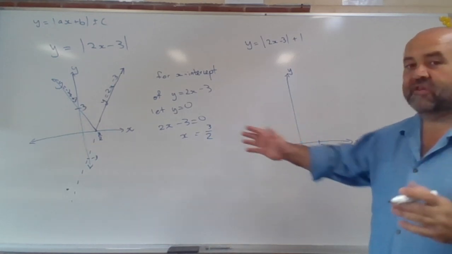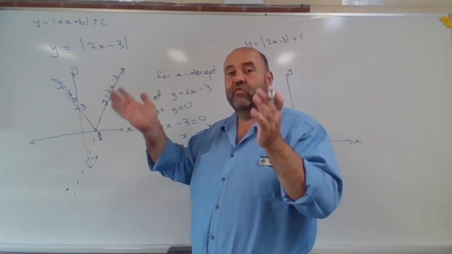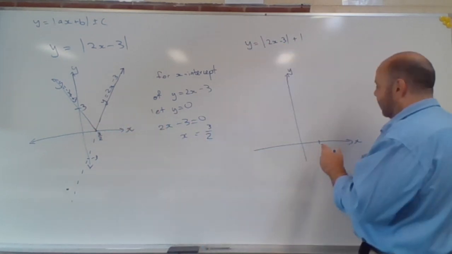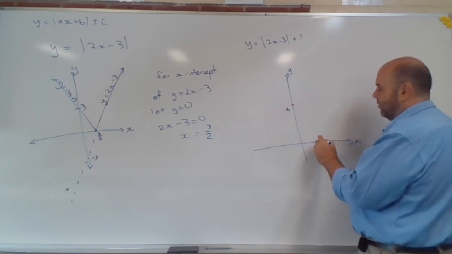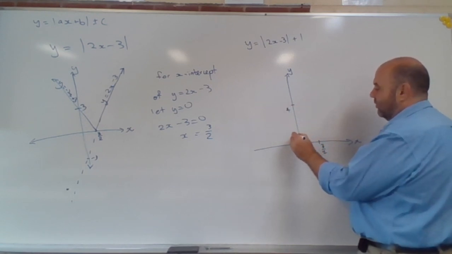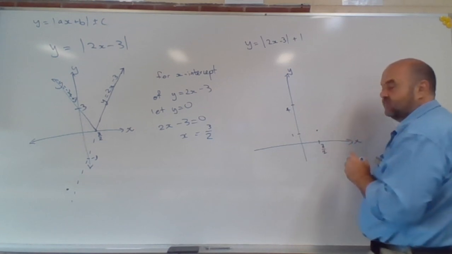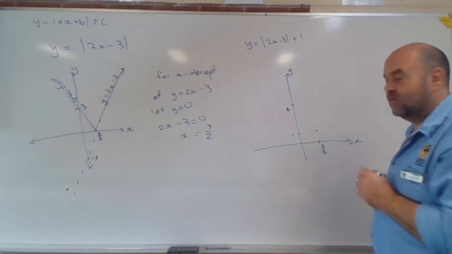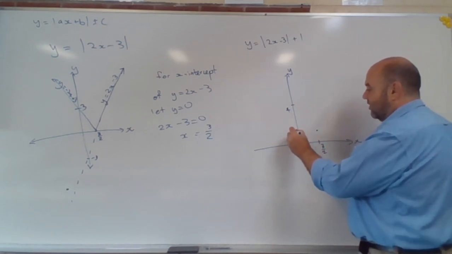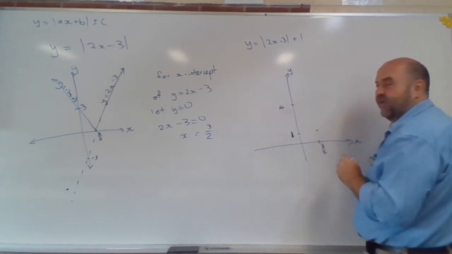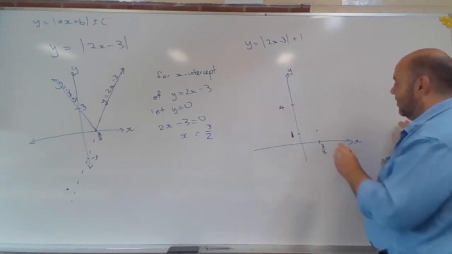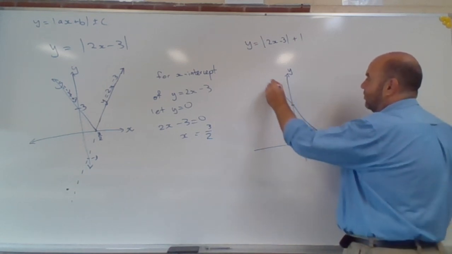It's just everything is the same as over here, except we've moved up by 1. So instead of cutting at 3, we're now going to cut at 4. Instead of bouncing off here at 0, we're going to bounce off here at 1. Okay, so make that a bit clearer. That's a 1 there. That's a 4 there.